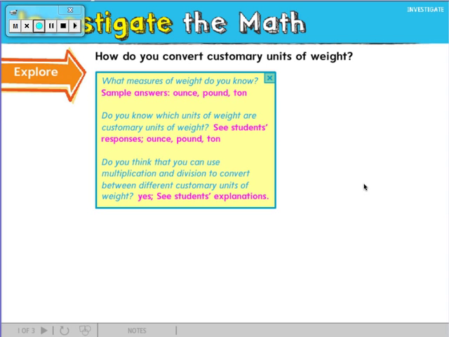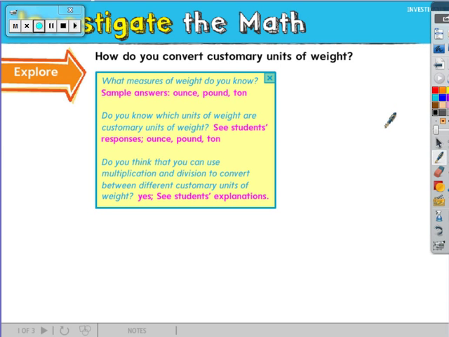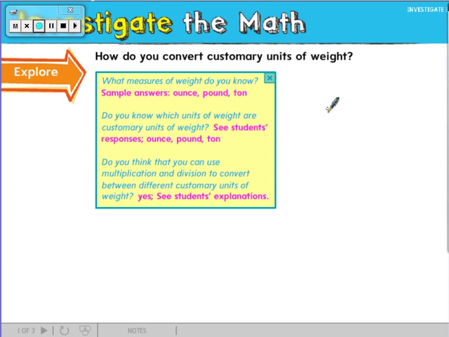Okay? So we need to know what unit of weight we're actually working with. If it's ounce, the way that ounce is abbreviated is OZ, pounds, LB, or tons, which will just be a T. Okay?